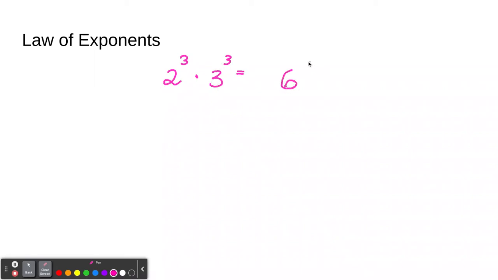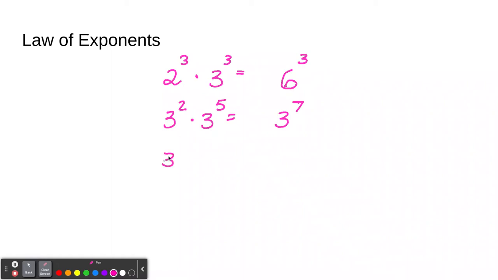But keep the power if it's the same. So again, if they have the same base, keep the base, add the exponents. Different bases, but the same power, keep the power, multiply the bases.